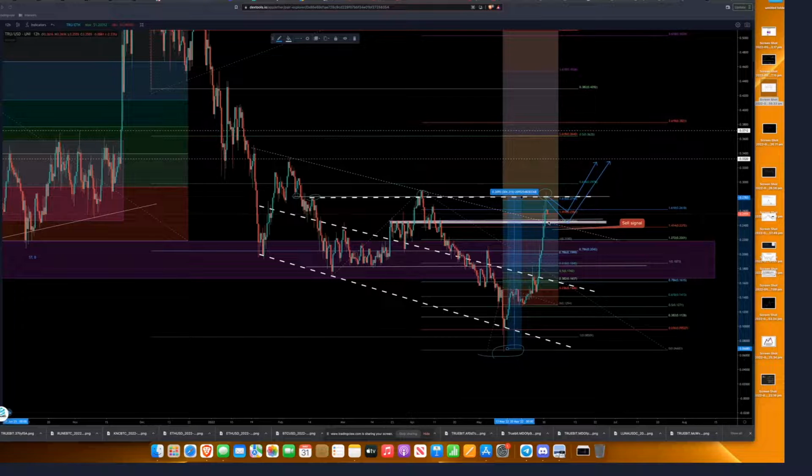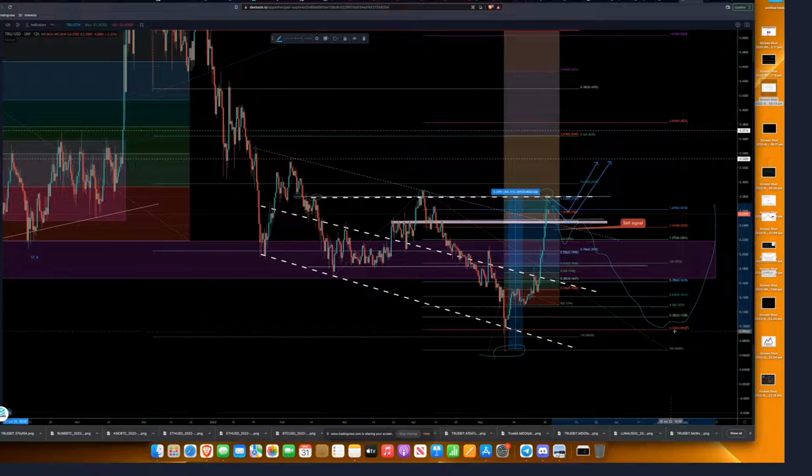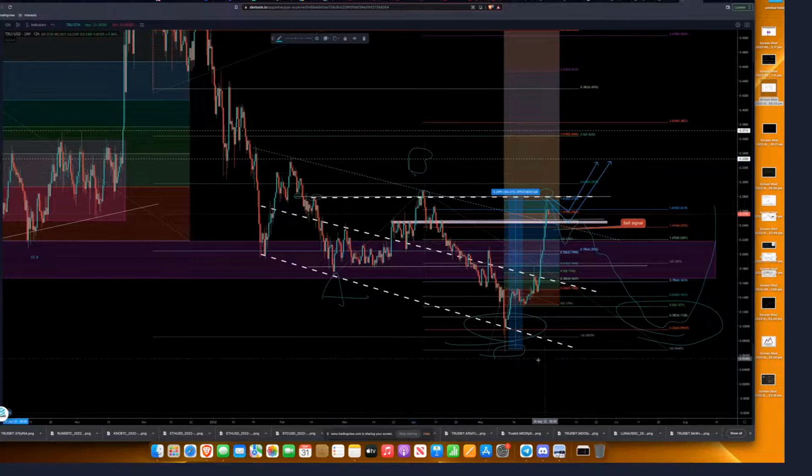If it was to come back down, I would definitely go buy it. So if this was to come back down again, I would definitely buy TrueBit, because that could be the all-time low before it goes back up. So we've got this broadening wedge. If that's our A, B, C, D, our E could be somewhere down here as well.